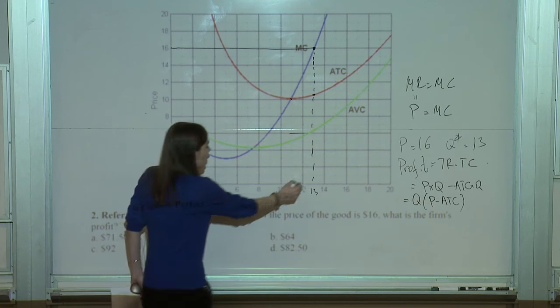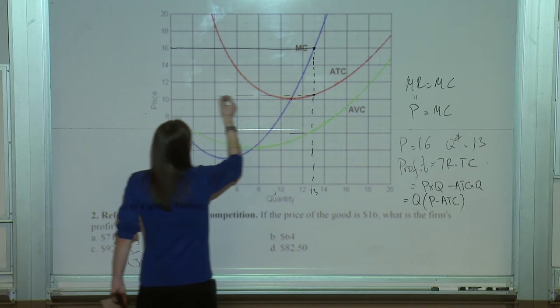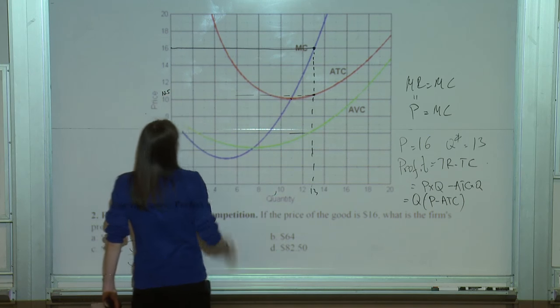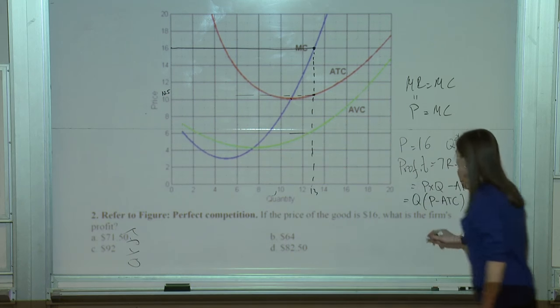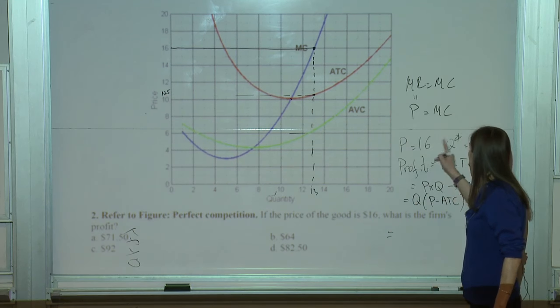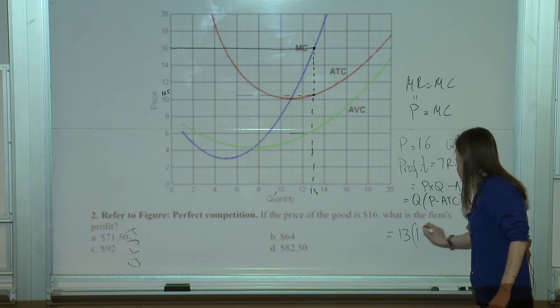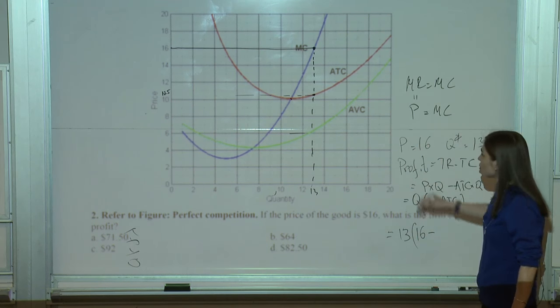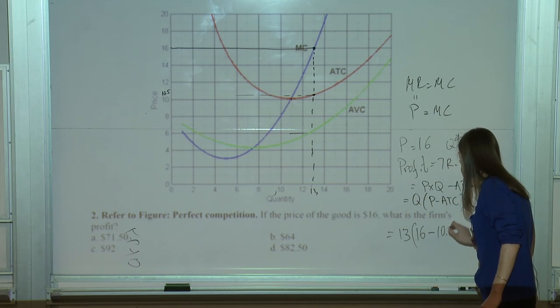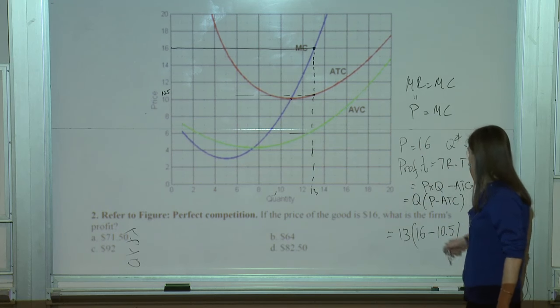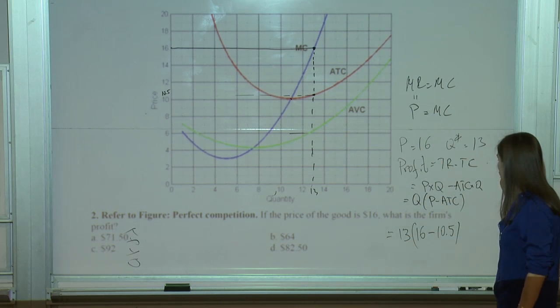Do we see that? At 13, average total cost is about 10.5. So profit becomes quantity, 13, times price, 16, minus average total cost, 10.5. What is this? 13 times 5.5, that's 71.5.